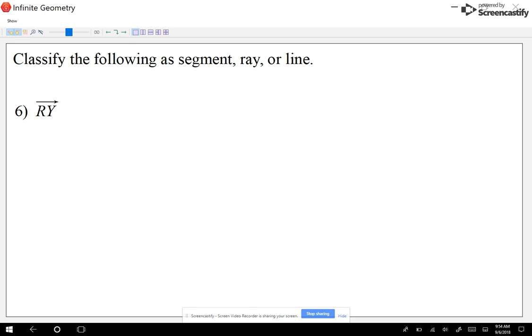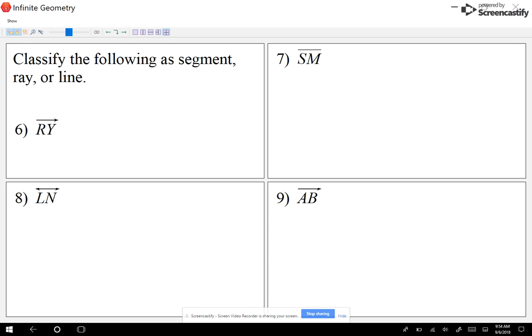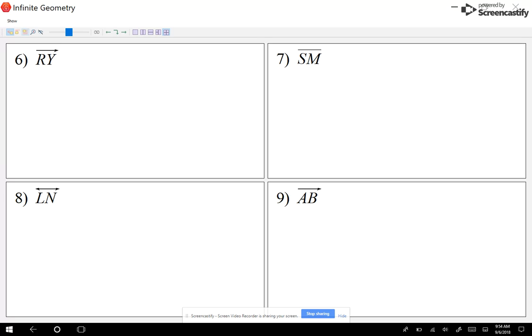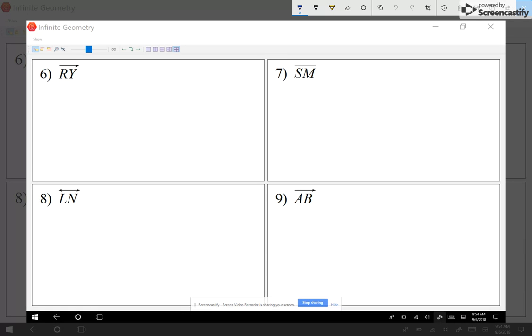And then lastly, let me review. We're going to have to classify or name these. First of all, on question number 6 here, I noticed that I have an arrow on one side only, so that makes it a ray, right? Because the ray goes forever on one side only. However, I do have letters in there.